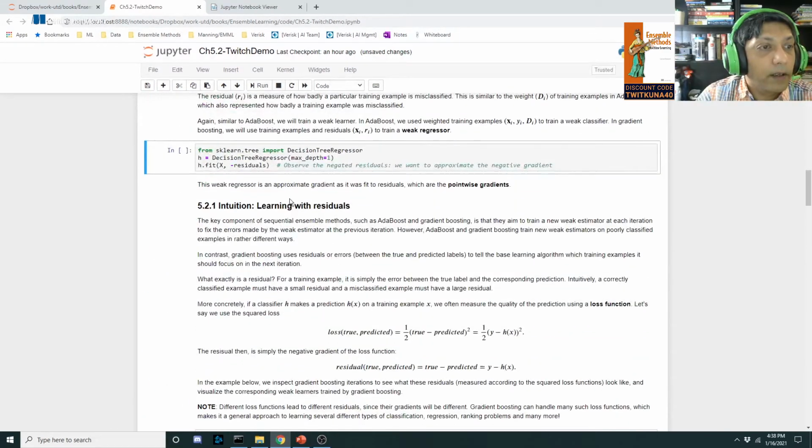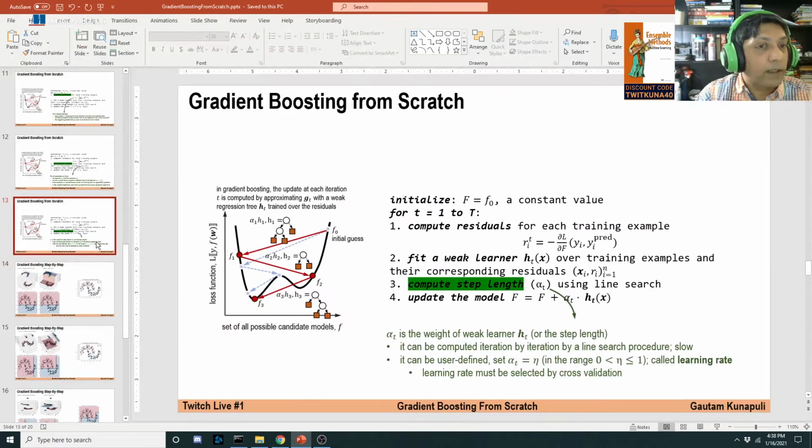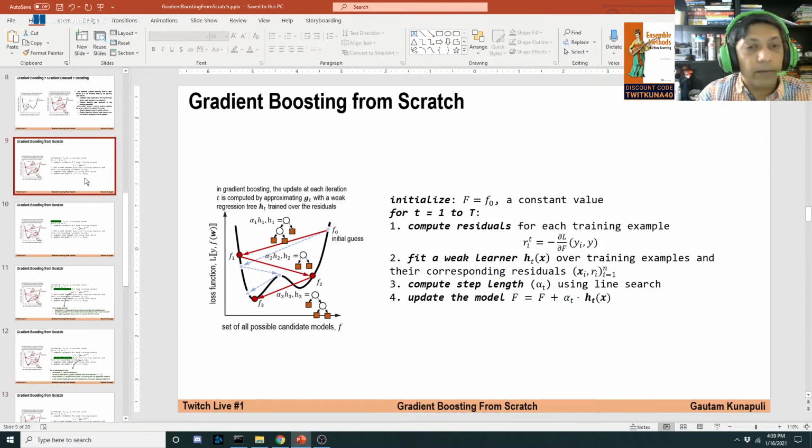So let's come down here. We are interested in learning with these residuals. Before delving into the implementation, let us go back to the slides and look at the steps that we have. We initialize, and then in every iteration we compute these residuals, and then we have to fit a weak learner.